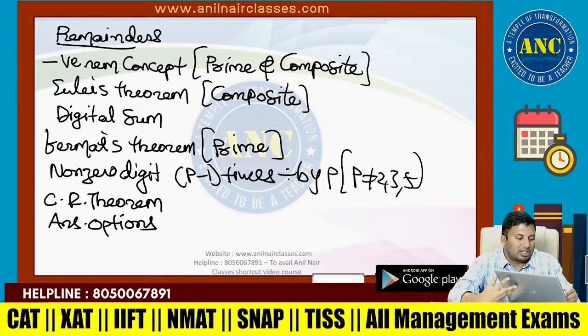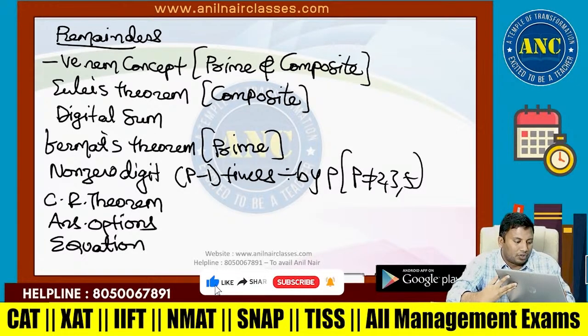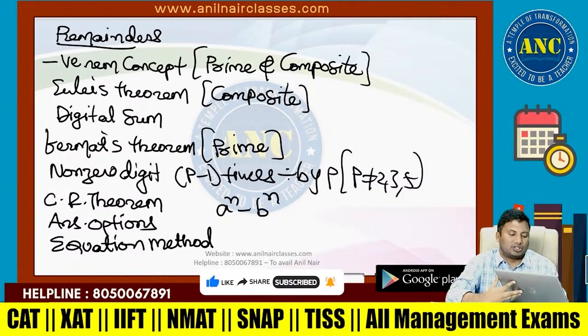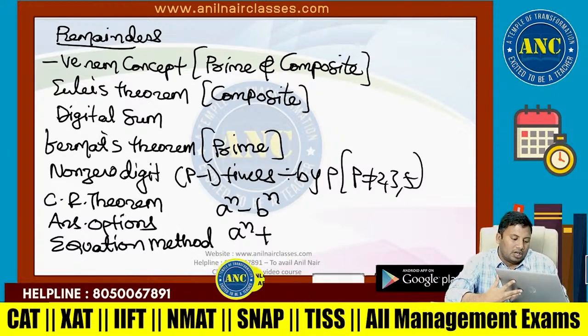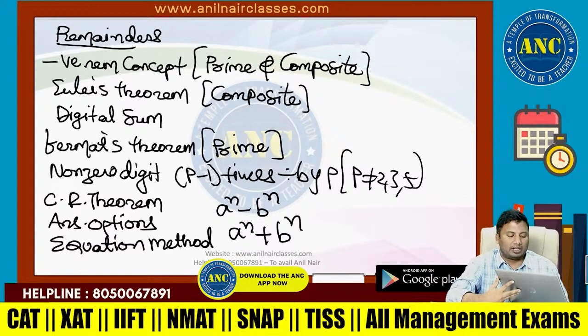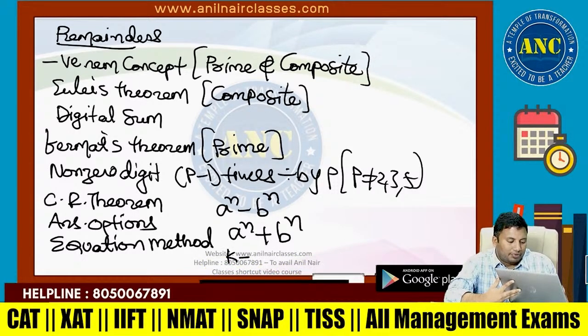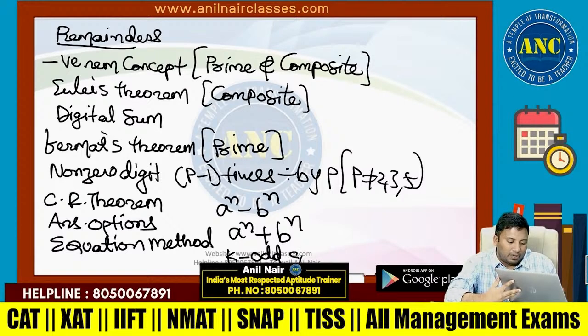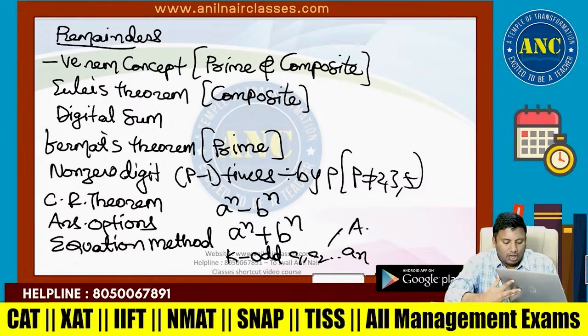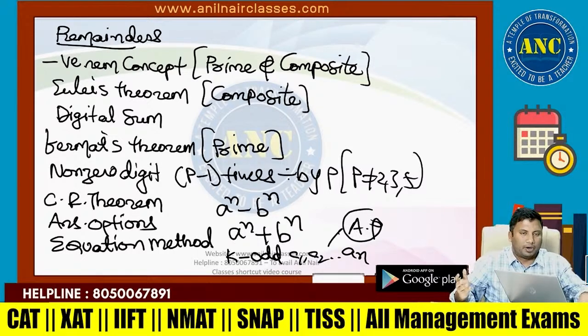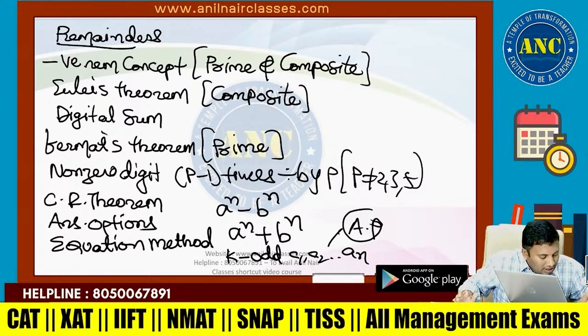Then we discussed how to solve the questions using the equation method. Then we discussed a power n minus b power n concept and a power n plus b power n concept. Then k is an odd number, A1, A2 till n, all AP related problems. These entire concepts we have discussed.